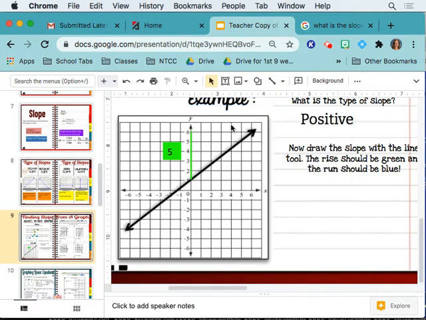So we start where the rise ended, and we're going to run over to the next point. And it said the run should be blue. So we're going to change that to blue, darken it up. And then let's count how many we moved. Right. So 1, 2, 3, 4, 5, 6.